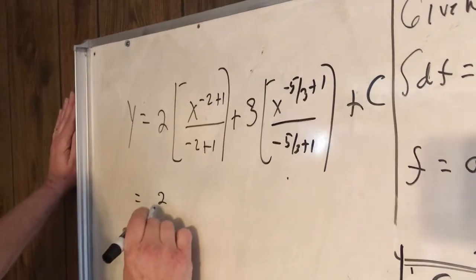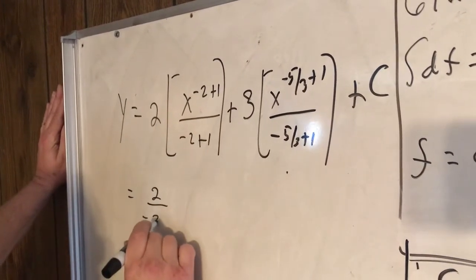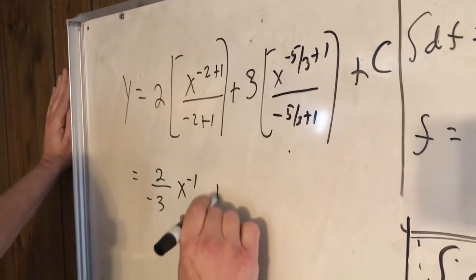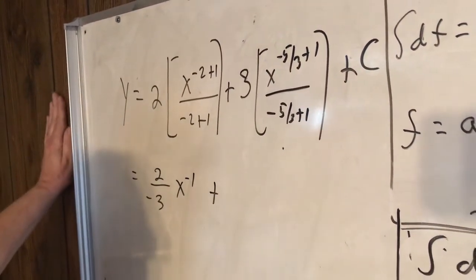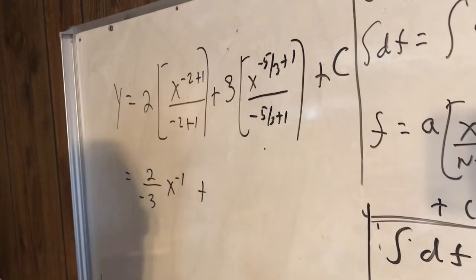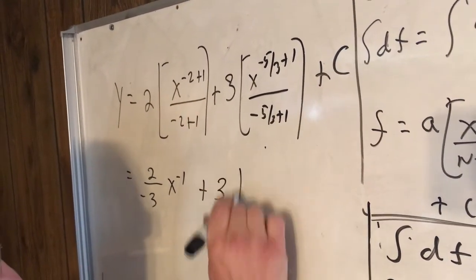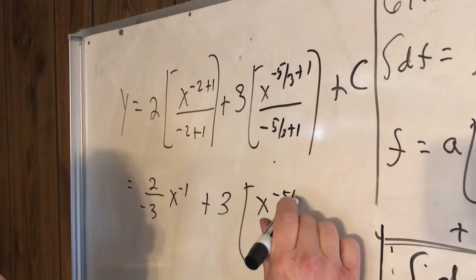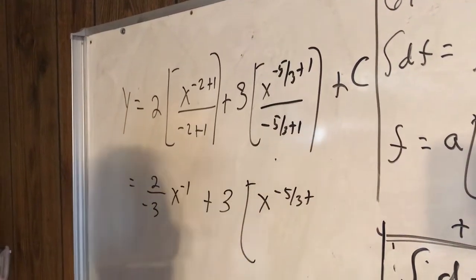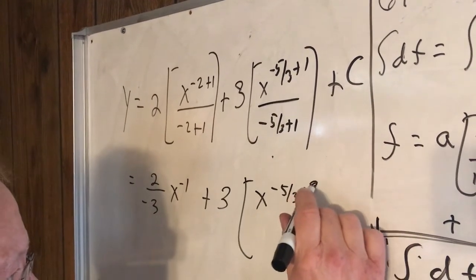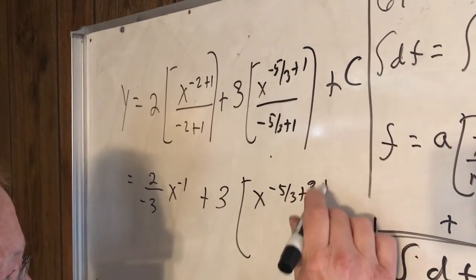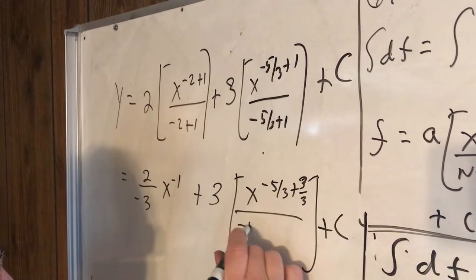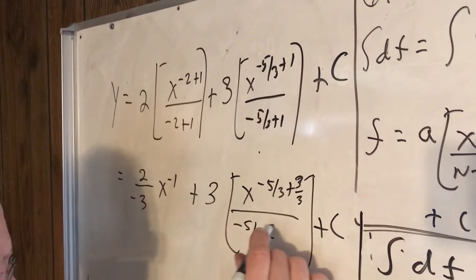2 over minus 3 x to the minus 1 plus, now the easiest way to do this, I'll do another step for you, is x to the minus 5/3 plus, what's 1? 3 over 3, right? Over minus 5/3 plus 3 over 3.